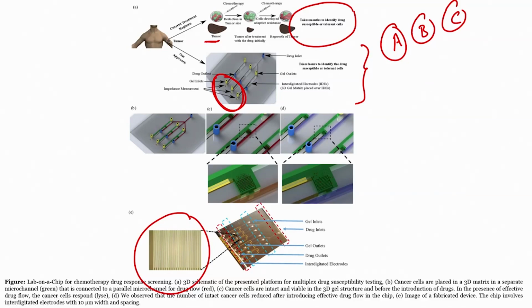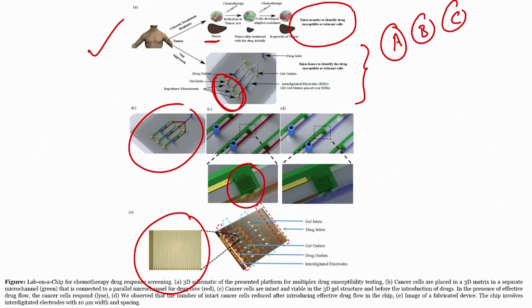You can see here a 3D schematic: A would be a 3D schematic of the platform for multiplexing drug susceptibility testing, B would be the microfluidic chip, C would be cancer cells placed in a 3D matrix, intact and viable in the 3D gel structure before introducing drugs.